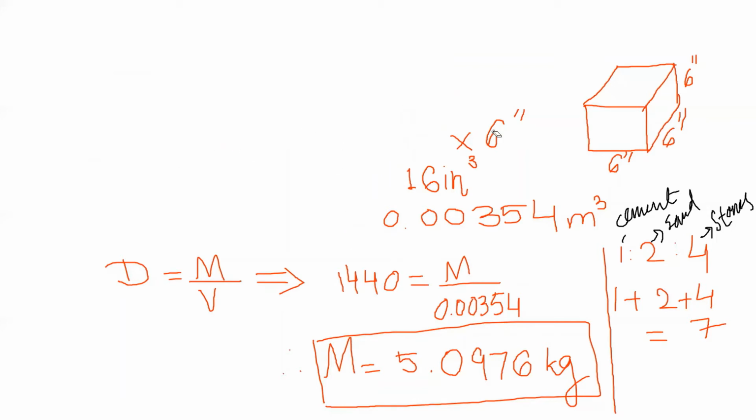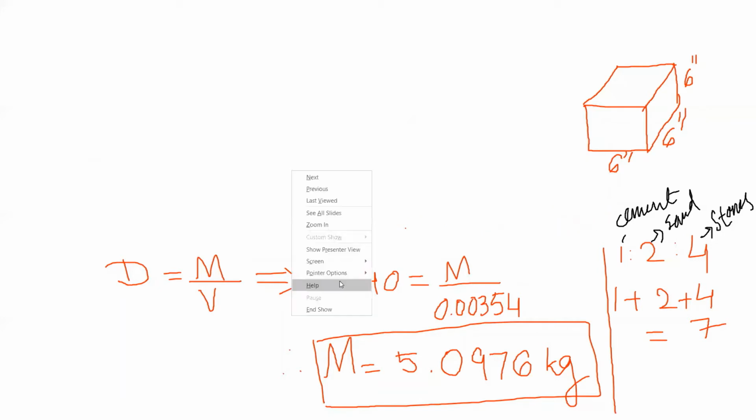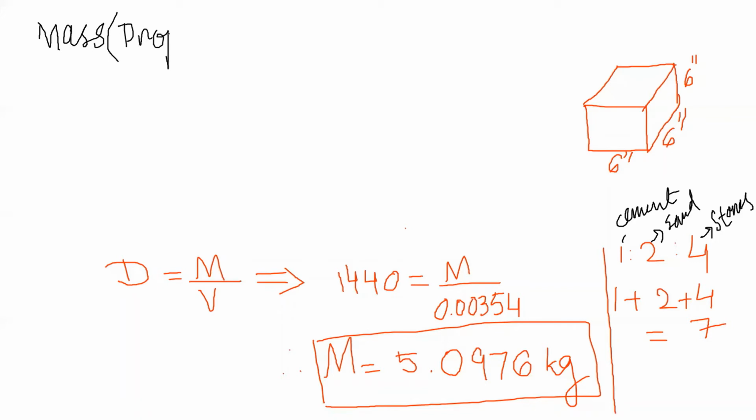Now what we are trying to find out is the mass of the cement, or you can say the amount of cement, the proportion of cement, or the weight of cement.